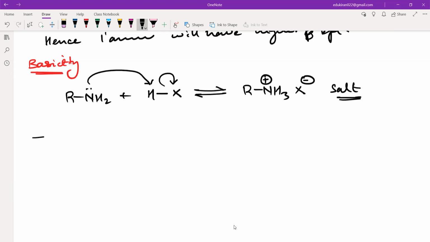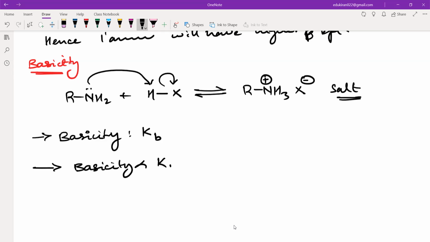Now, how is basicity represented? Basicity is generally represented by Kb. So if Kb is higher, then the basic character will be higher. So you can write that basicity is directly proportional to Kb, the dissociation constant of a base.